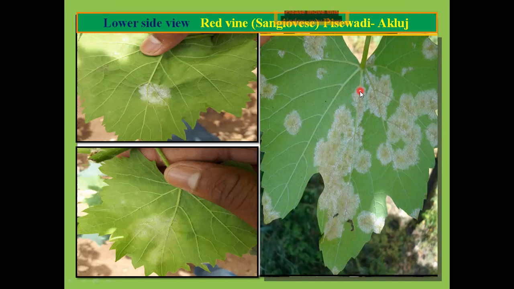Finally, this downy growth is also seen on the flowers and developing berries.